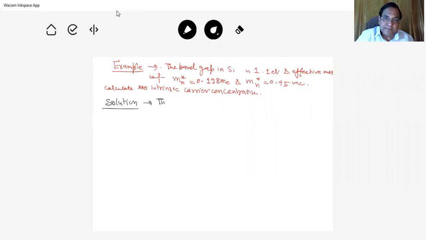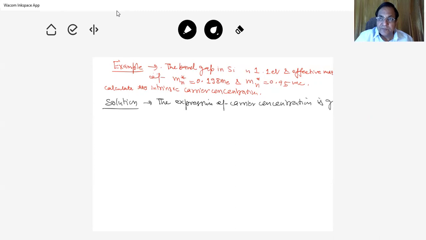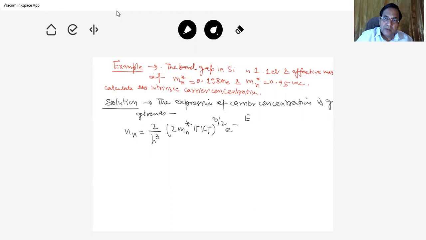The expression of carrier concentration is given as Nn is 2 by h cube, 2 pi Mn star kT to the power 3 by 2, e raised to the power minus Eg upon 2kT.